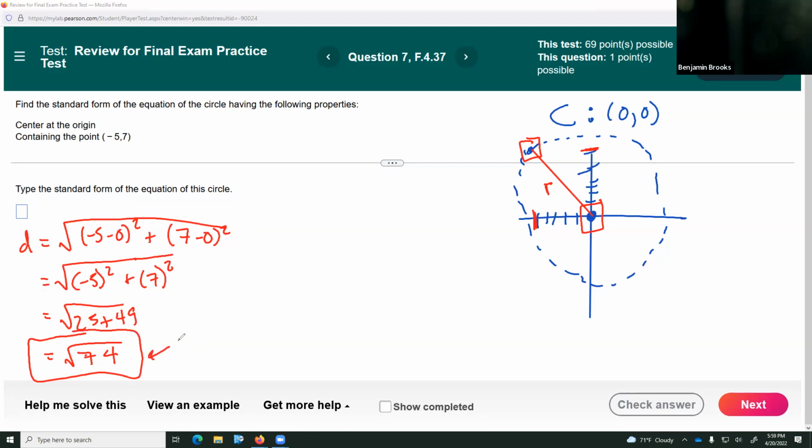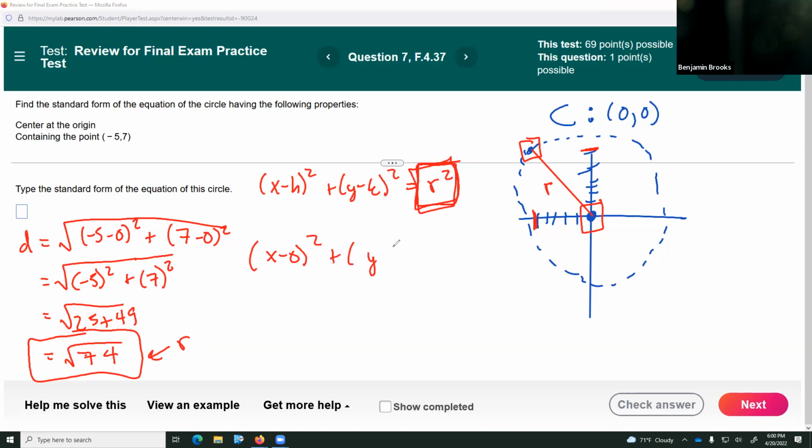So that's r. Now, remember that the general formula is x minus h squared plus y minus k squared, but it's equal to r squared, not r. So the way I would set this up is x minus 0 squared, because that's your center value, plus y minus 0 squared is equal to the square root of 74.